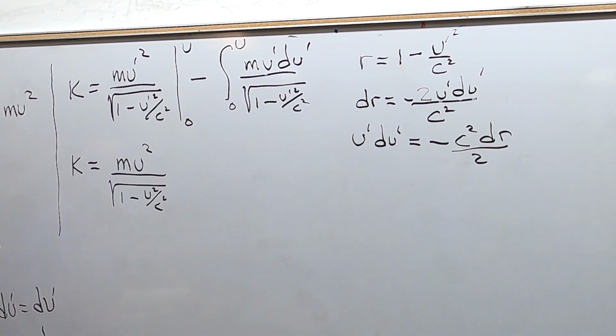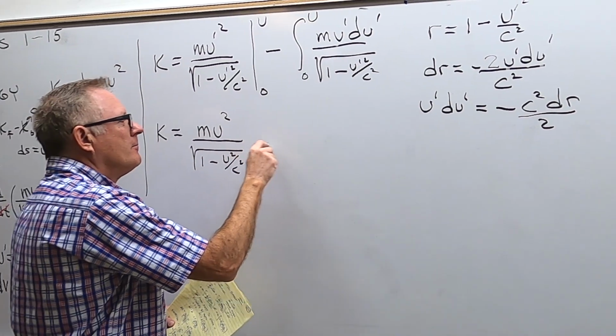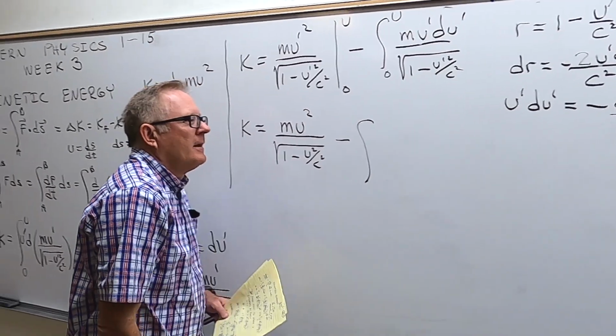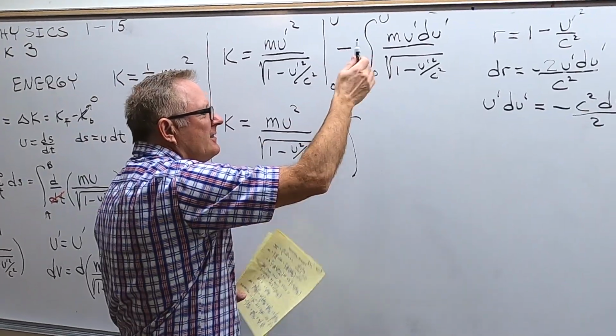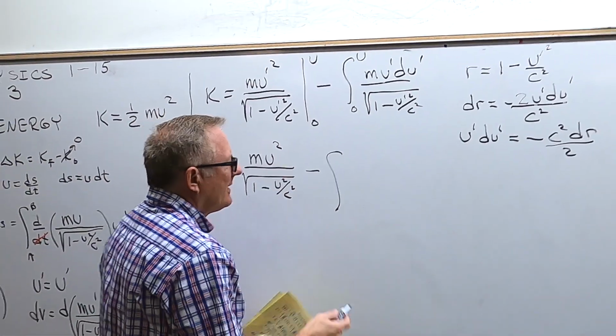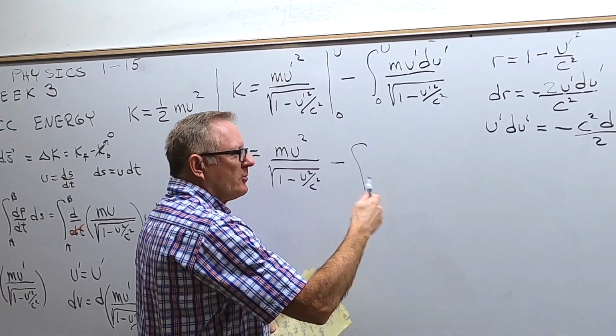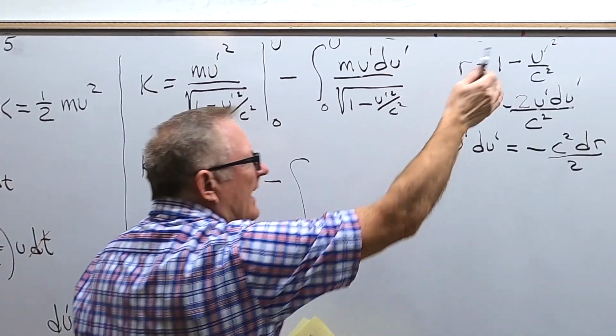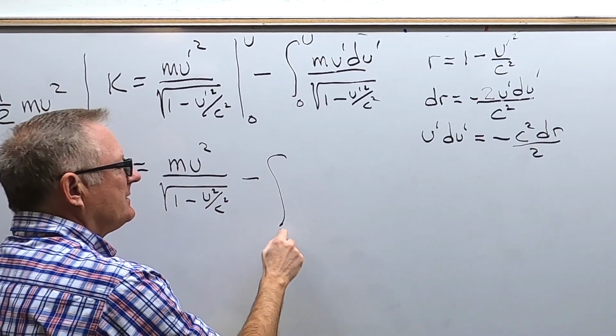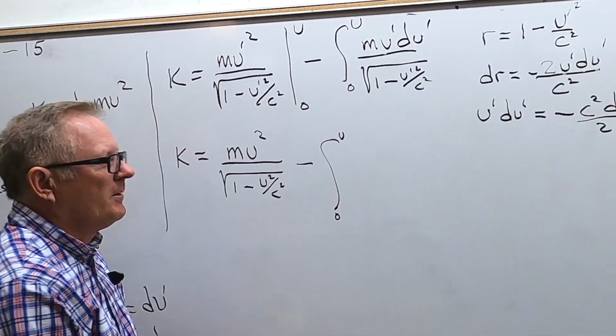Okay, so this now becomes minus the integral. Now my limits are going to change, but I'm not going to change the limits right now. We'll go back later and put it back in for u. So I'm just going to keep it still from 0 to u. We won't plug them in yet.